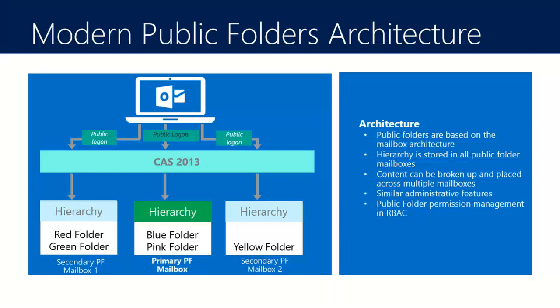So here's what the infrastructure looks like for the public folders in 2013. Starting at the top, we have our Outlook client, which is going to be accessing our modern public folders, and they can come in through any of these 3 public folders that are sitting at the bottom. In the middle, we have our primary public folder mailbox. This is going to be the first one that's created.